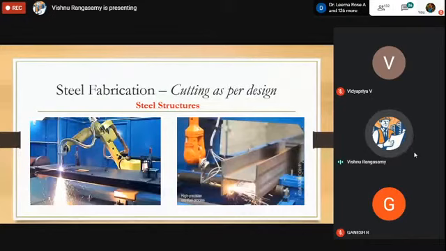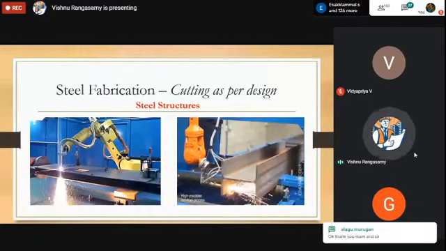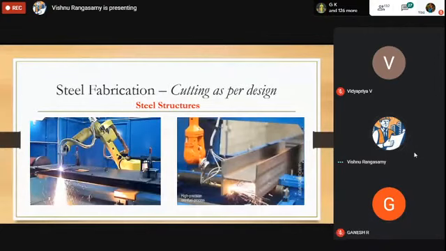As we have done, it took around 40 days to complete a 60,000 square feet building. The superstructure took only 40 days to complete. So when we are starting the project, let me go to the next slide.